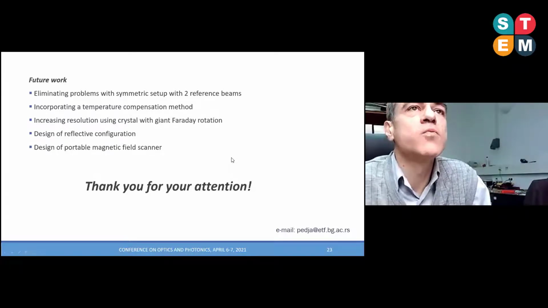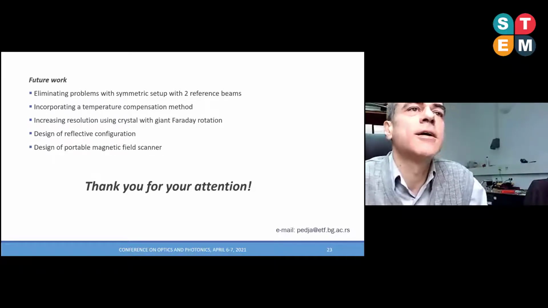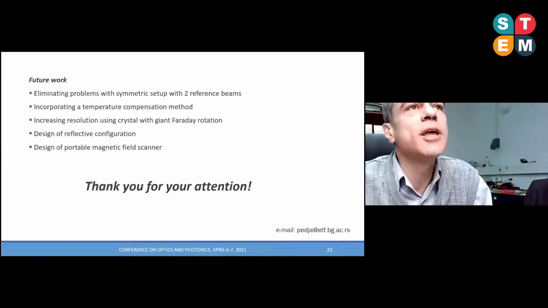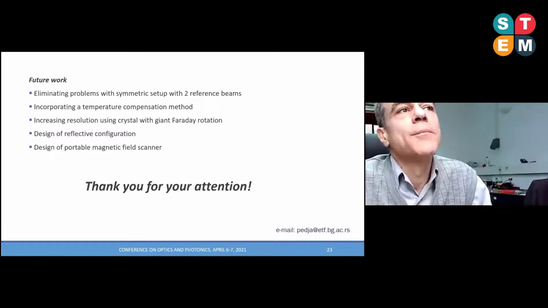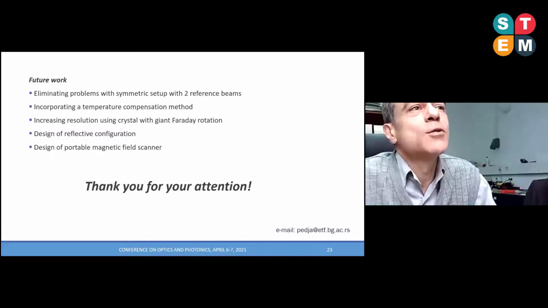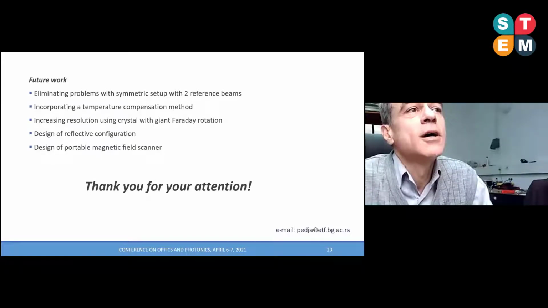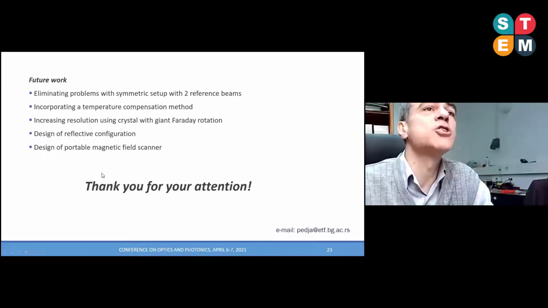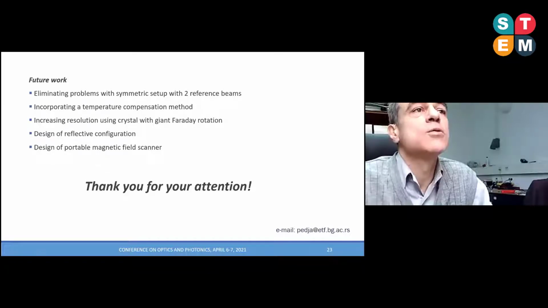We have a lot of work in front of us to make a device that is portable. That was our goal in the beginning. So we have to incorporate temperature compensation, and you may be thinking that we are not going to be able to make this a portable device, but we think we will do that also when we design a reflective configuration. And the idea is to make a portable magnetic field scanner.